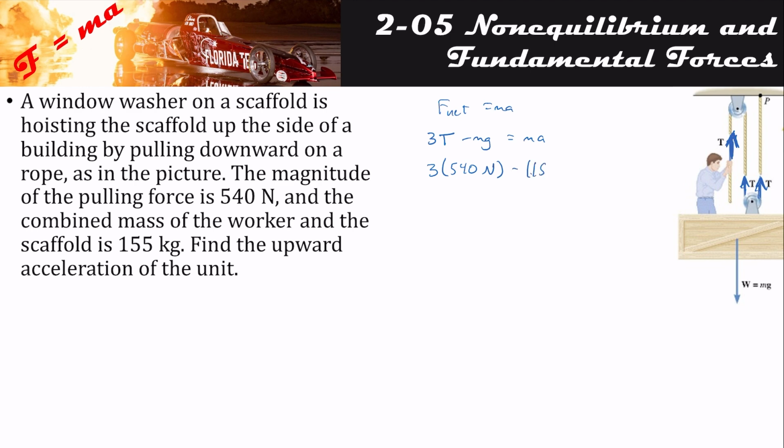Our mass is 155 kilograms. g, of course, is 9.8. So we get 101 newtons. Divide by the 155, and I get 0.65 meters per second squared for the acceleration of the guy and his scaffold.